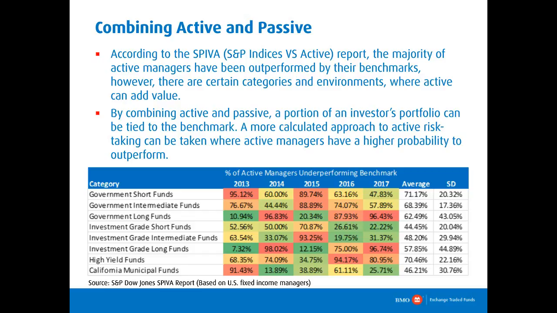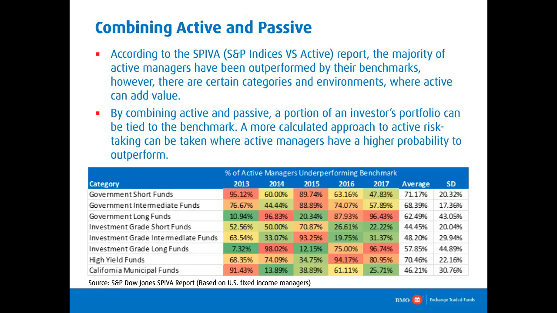However, where we've been seeing active management add value is in certain areas such as investment-grade short funds and investment-grade intermediate funds as well. From my point of view, the best portfolios include both elements of active and passive in one portfolio.